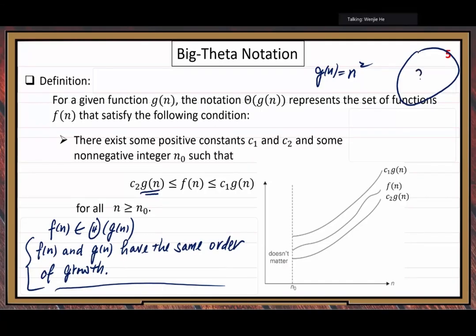Any c multiple of the g function, all the functions with a constant multiple of the g function, we put in the same category, where c is a positive constant. That is one category.